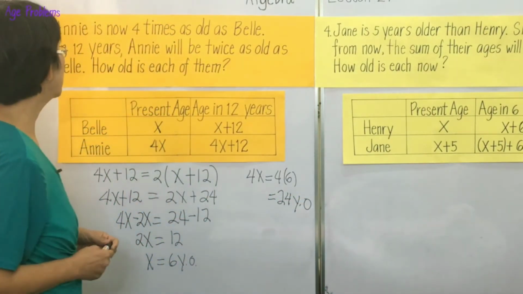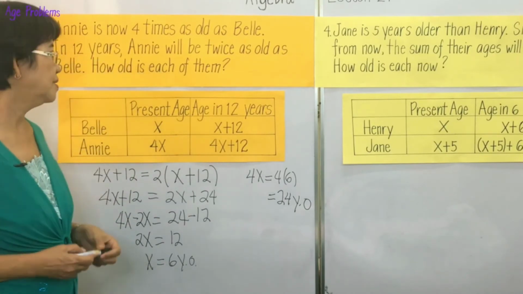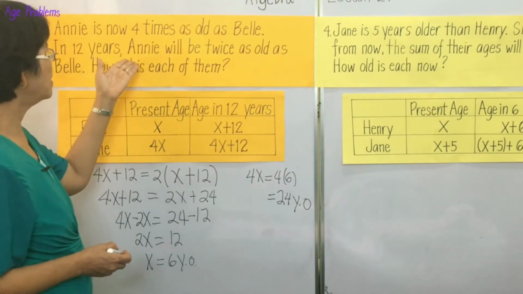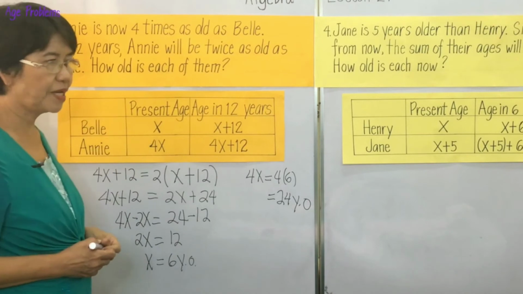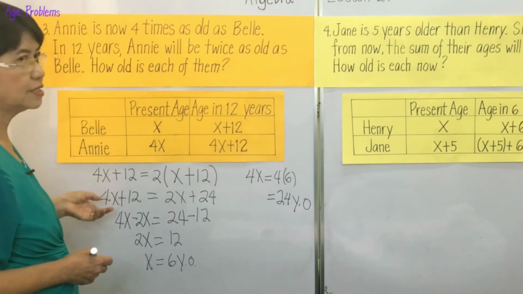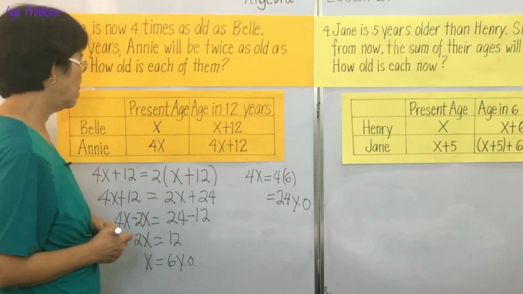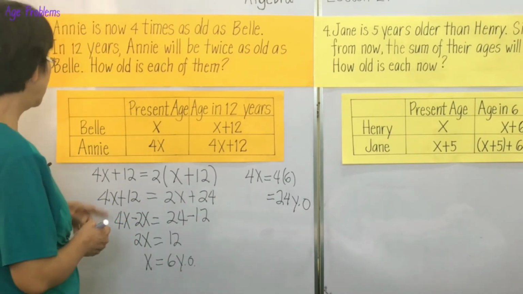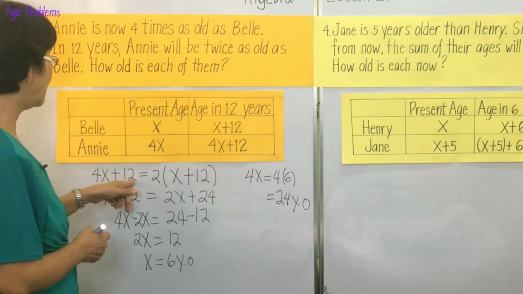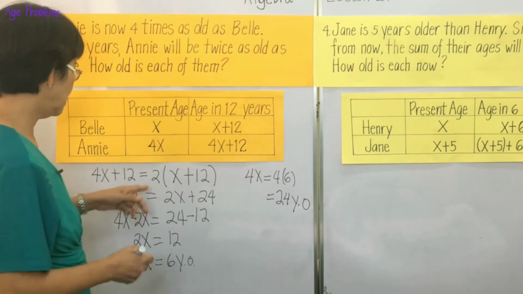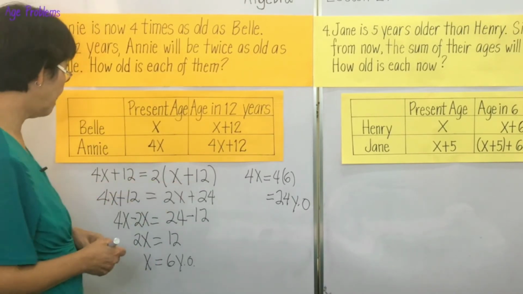Okay, so in 12 years, the age of Annie will be twice as old as Belle. So we will just substitute the values of their ages. So in 12 years, 4x plus 12 is equal to 2 times x plus 12.